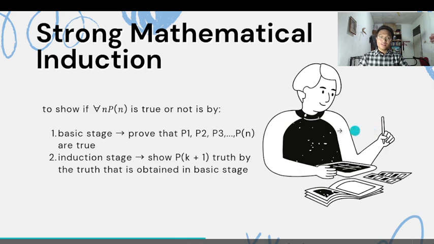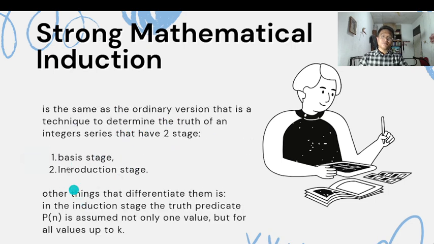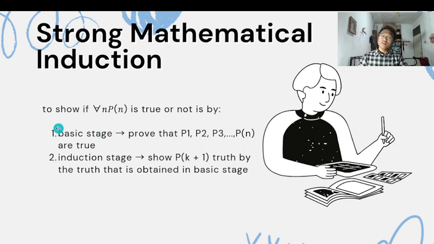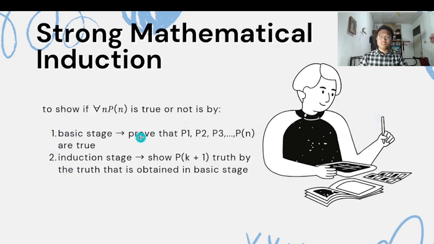Okay, this is the continuation from this explanation. To show whether P(n) is true for all n, we use these stages. The first stage is the basis stage, the same as this. The basis stage is to prove that P(1), P(2), P(3), and so on are true.